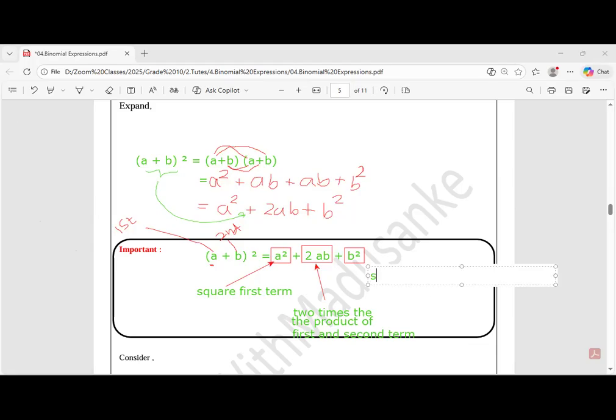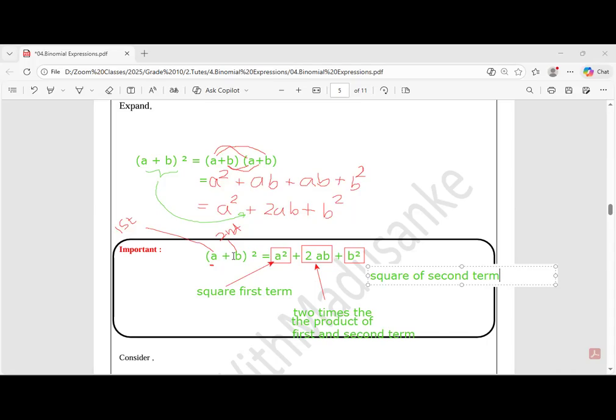Square of the second term. Now this is only if you have positive signs, because here the middle sign is positive, so that all the signs are positive in the expression as well. So no need to worry about the signs.